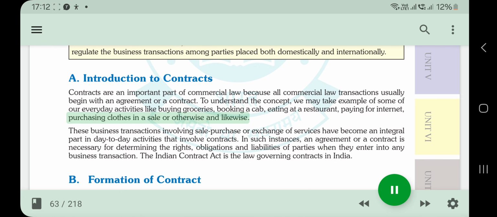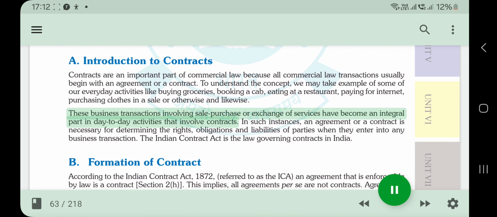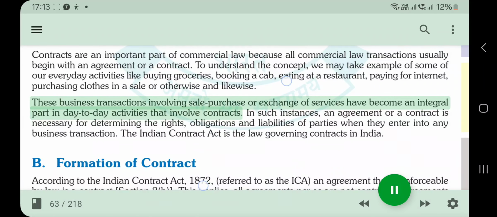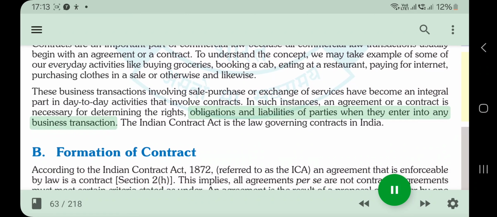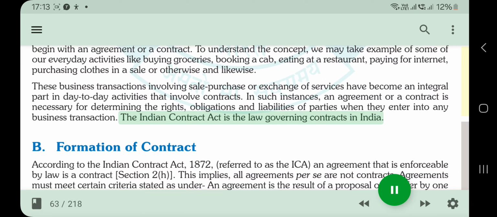These business transactions involving sale, purchase or exchange of services have become an integral part of day-to-day activities that involve contracts. In such instances, an agreement or a contract is necessary for determining the rights, obligations and liabilities of parties when they enter into any business transaction. The Indian Contract Act is the law governing contracts in India.